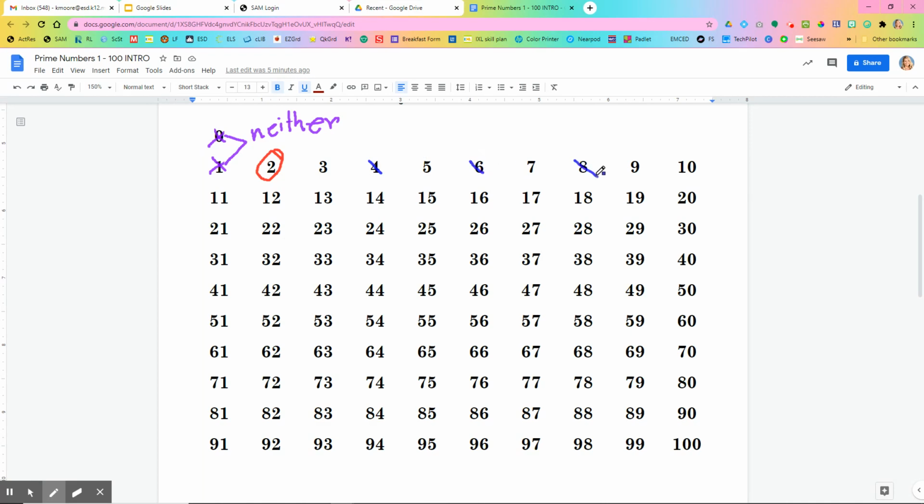So I'm marking out all of my even numbers. And remember, I can mark out all of these even numbers because 2 will go into all of them. Since 2 goes into all of these, they cannot be prime because they like more than 1 and themselves. So I'm marking out all of my composite.